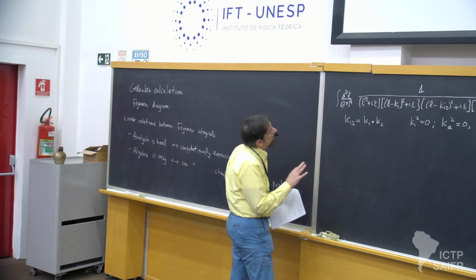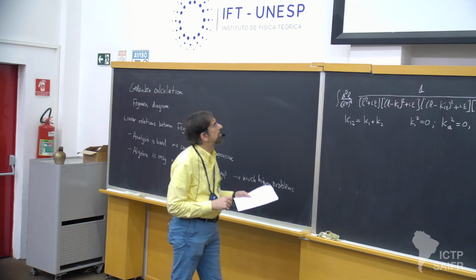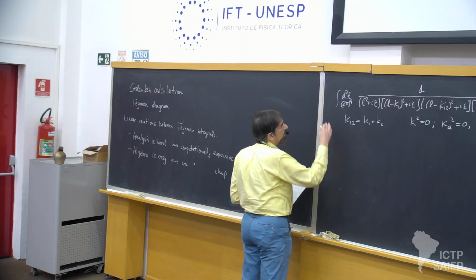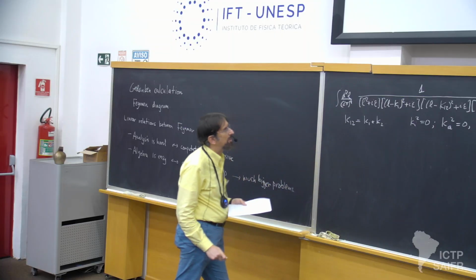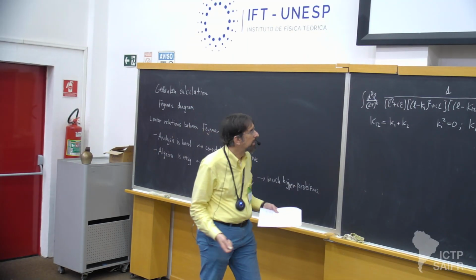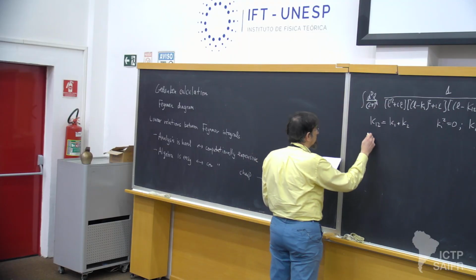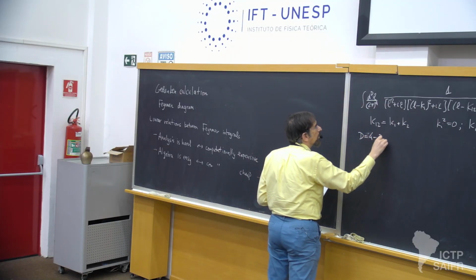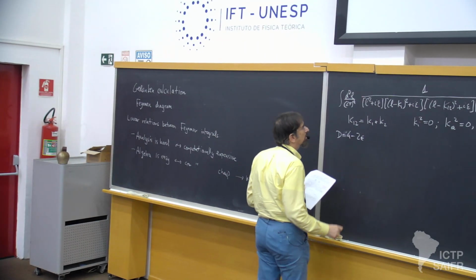So there's really several different roles that dimensional regularization is playing. One of them, which is more of interest to us here, is that it's regulating the infrared divergences. And for that purpose, we have d equals 4 minus 2 epsilon by convention for the definition of epsilon.